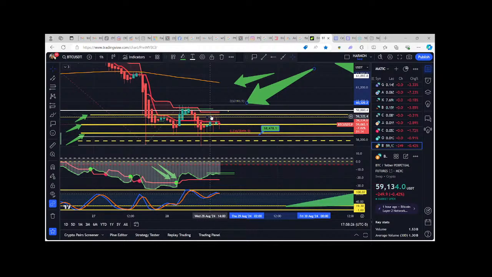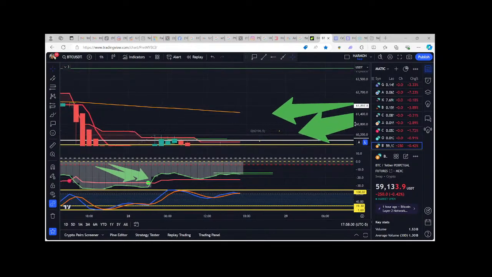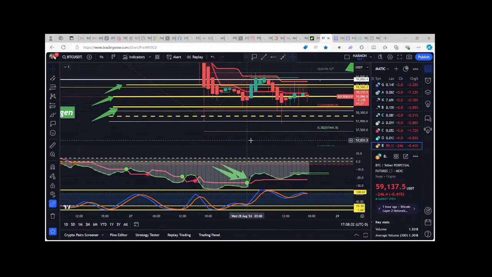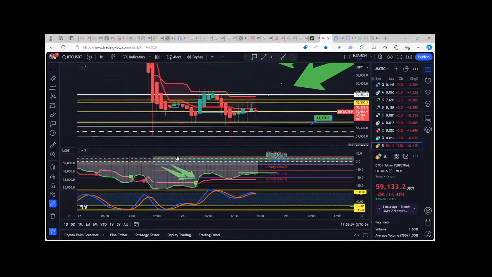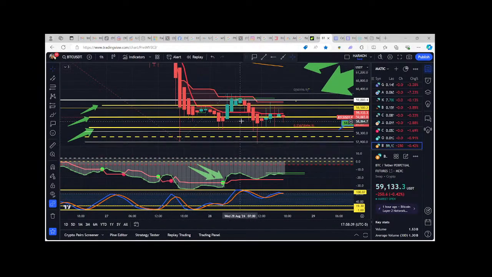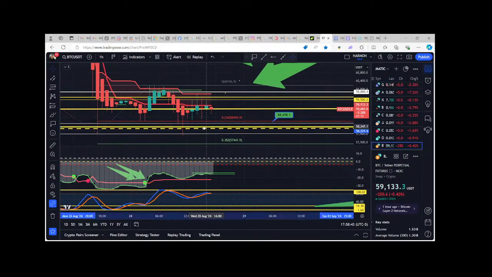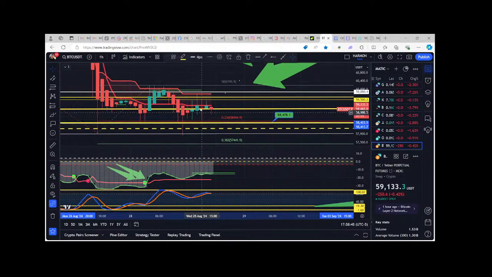Now it did have, after we had this long spike here, all right, there's that long spike that we would have made our percentages on. We did see a pullback there, a little bit of a dip that came down to about 58,600 area right there.